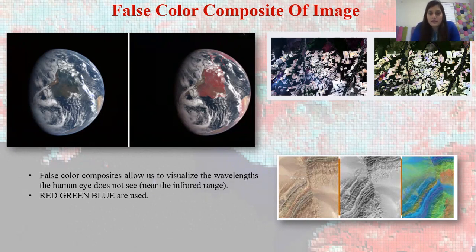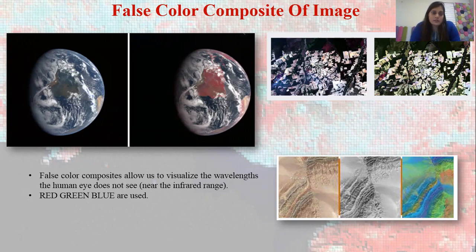First is the natural image taken by the sensor, and then spectral resolution is applied, and this shows us the characteristics of it. Similarly, the last image also shows how false color composite is applied to it. So this is the component, false color composite of image, which is very much useful.